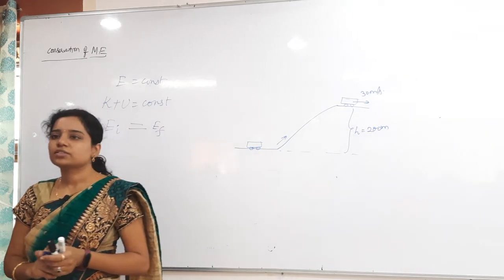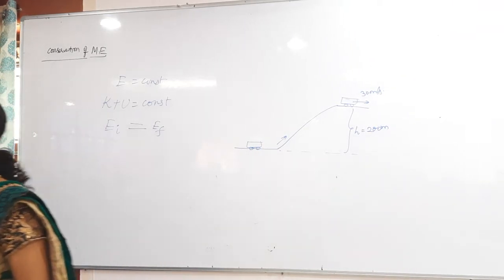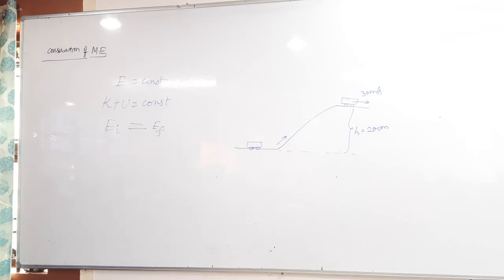Finished? What is the potential energy you got? 3 into 10 power 6. Correct? Then what about the total energy? Approximately 3.6, like that you will get. Mass is how much I said? 15 quintal, no? Quintal is nothing but 15 into 100.